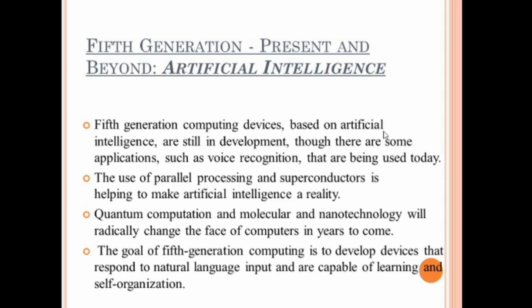In the fourth generation, we studied pipeline processing. Here, parallel processing is a method in computing of running two or more processors, that is CPUs, to handle separate parts of an overall task. Parallel processing is a method of simultaneously breaking up and running program tasks on multiple microprocessors, thereby reducing processing time.